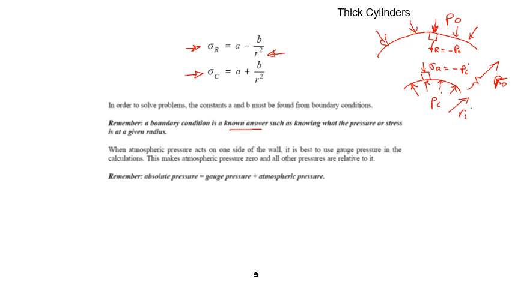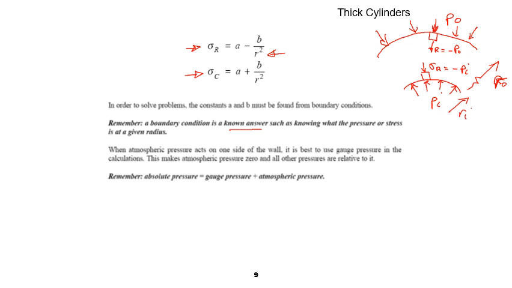The other thing that we might know is sigma circumferential. Now that depends on the material properties or whatever condition we have put the thick cylinder into a certain stress. Okay, so it says here when atmospheric pressure acts on one side of the wall, it is best to use gauge pressure similar to thin cylinder.